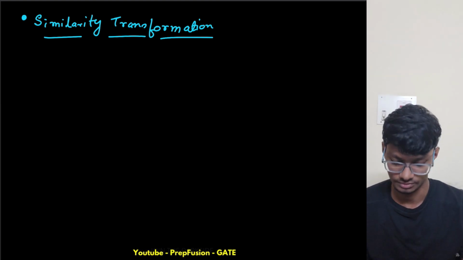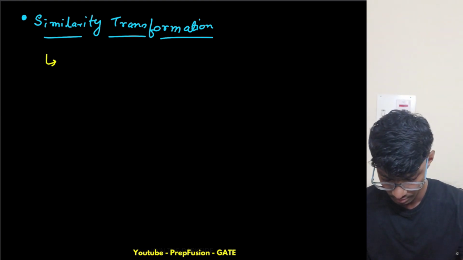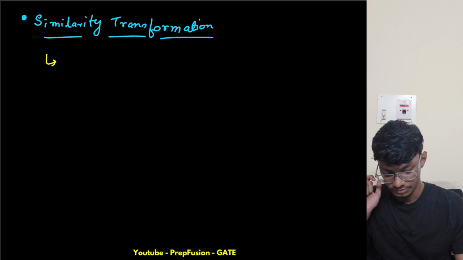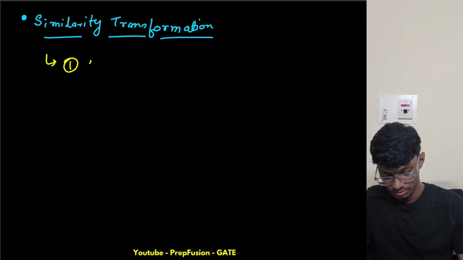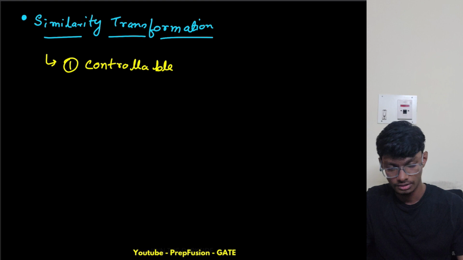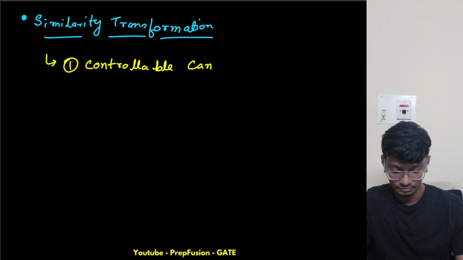What are the 4 standard forms? The first one is the controllable canonical form.